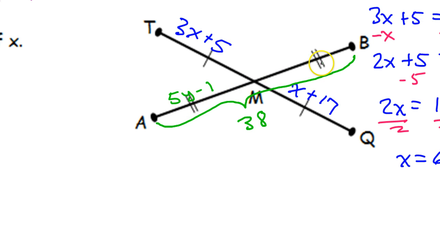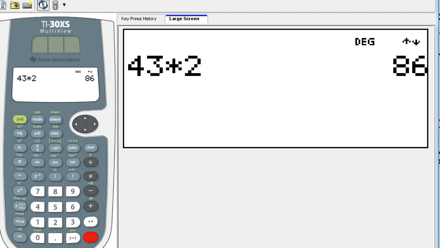Well, again, see these markings? See how they're the same? That means both sides are congruent. So if this is 38, we get to split this down the middle, and that's going to tell us what's what. I'm going to need another color, but 38 divided by 2 is 19.